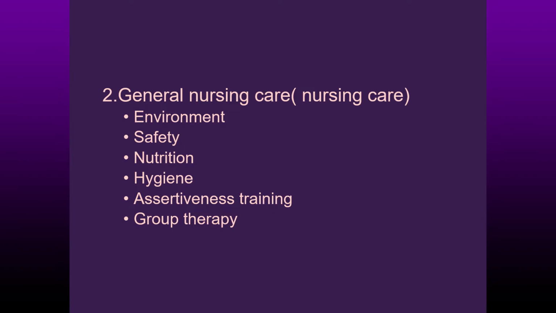The list is endless. It can even go up to 20 points. These are just a few points to give you an example of how general nursing care usually comes out. When you are writing your nursing interventions under each of these, you need to give your rationale for that intervention. Tell us why you are giving that intervention.